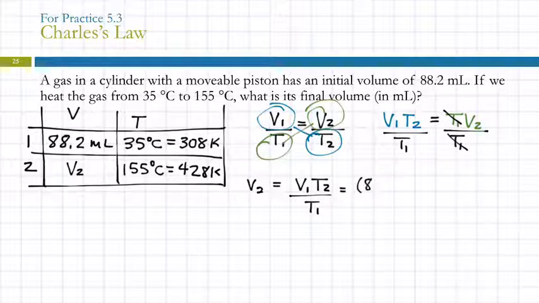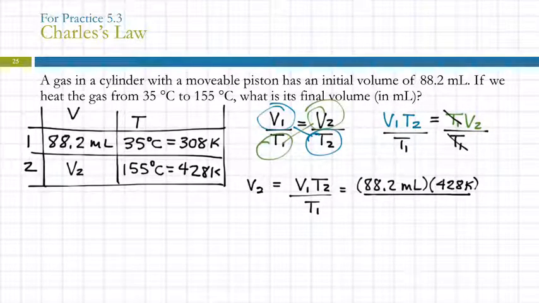So 88.2 milliliters, and we want to multiply by T2. You got to be careful here. There's lots of 1s and 2s, and it's really easy to get them mixed up. And then I'm going to divide by T1, which is 308 Kelvin. I look at the units, the Kelvins cancel out.